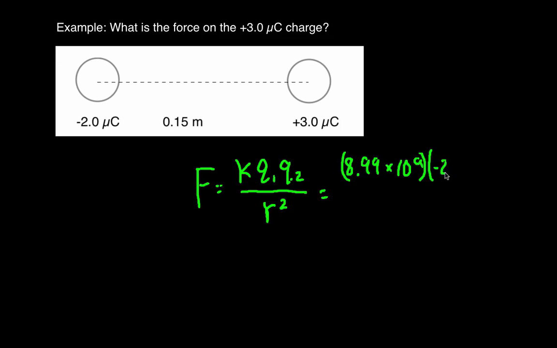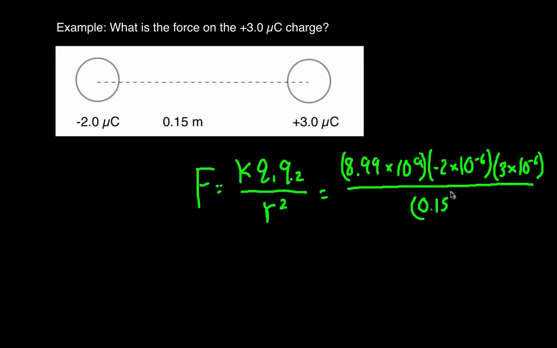We have negative 2 microcoulombs, which means times 10 to the minus 6, times 3, again in microcoulombs, which is times 10 to the minus 6, divided by the separation distance of 0.15 squared.